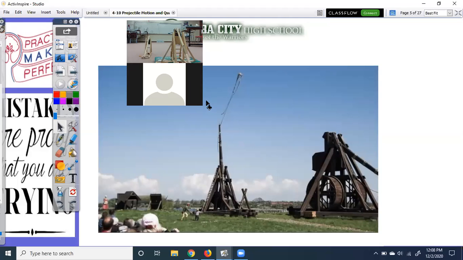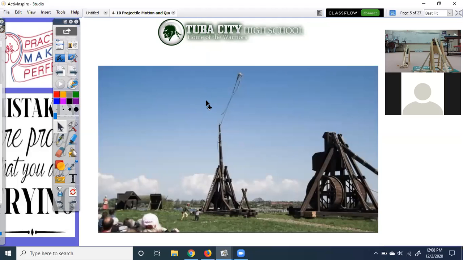These are little models of medieval artillery, oftentimes used for knocking down castle walls. How these work is that you have a counterweight right here, full of heavy stuff, and it's pulling down on this side. So kind of like a seesaw, all right? When something is heavy on a seesaw, that's the side that goes down.